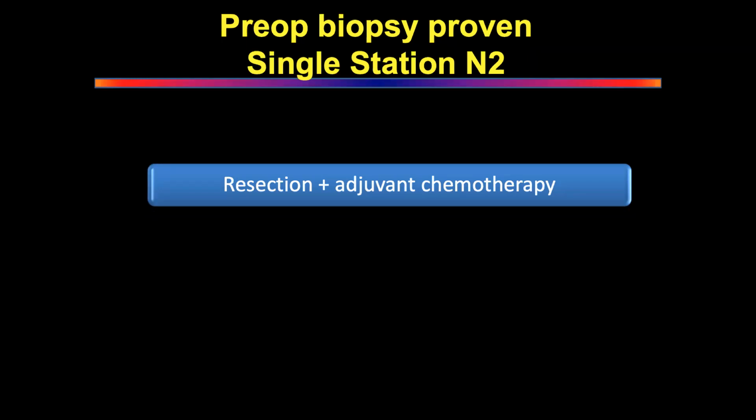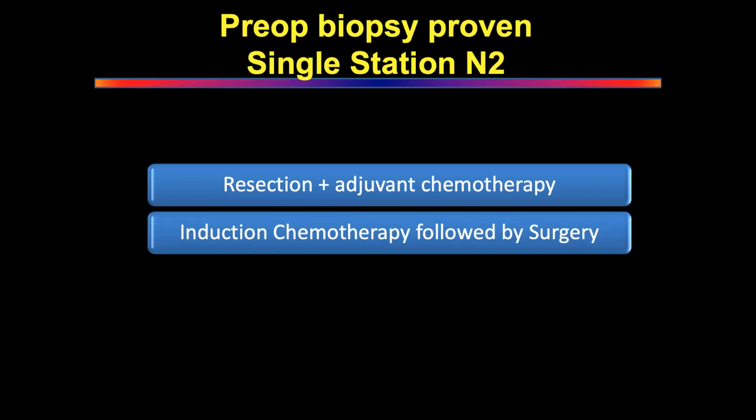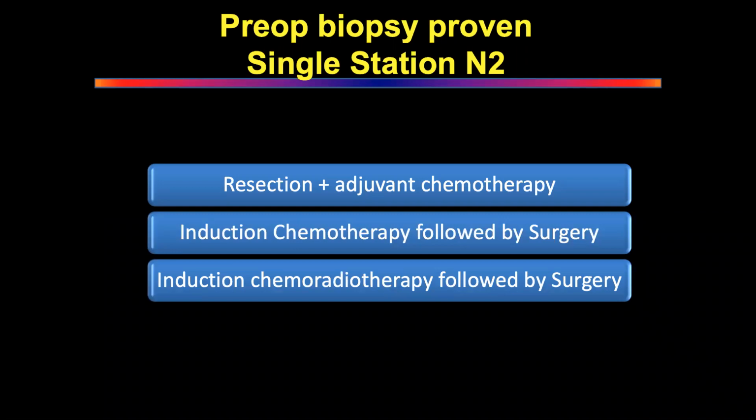There is also an option of discussing induction chemotherapy followed by surgery or induction chemoradiotherapy followed by surgery. All three situations are okay. But this is, again, the only situation in N2 where you will offer surgery. Normally in N2, you do not offer surgery.